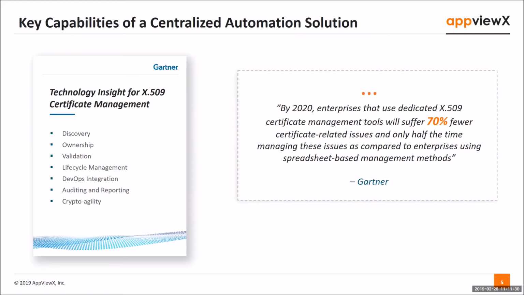And Gartner has also said that the majority of enterprises who use certificate management tools see a reduced number of certificate-related issues, outages, misconfigurations, policy violations, and a whole bunch of stuff related to that.